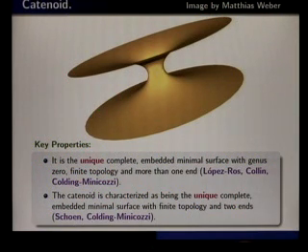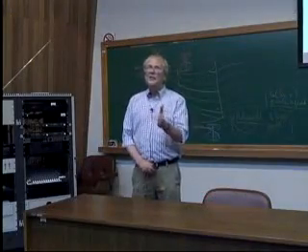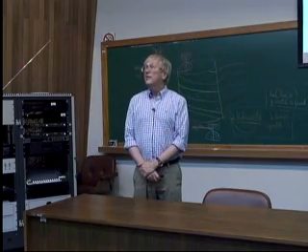Okay, that's Lopez-Ros. Pascal Collin then later on came along, and he proved that if you had a surface with finite topology and at least 2 ends, a minimal surface that's proper in R3, then it always has finite total curvature. And then more recently, Colding-Minicozzi proved that whenever you have a complete injectively immersed surface of finite topology in R3, then if it's complete and injectively mapped in, then in fact it's proper.